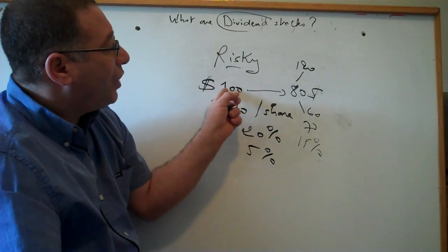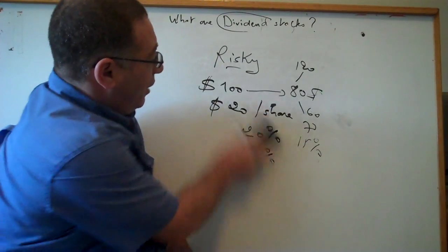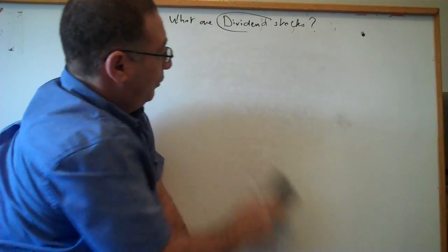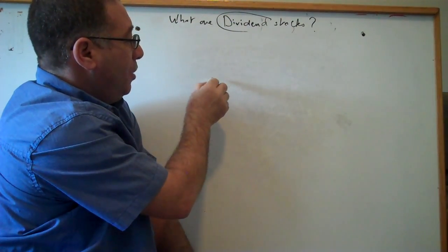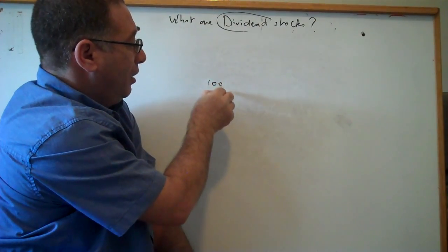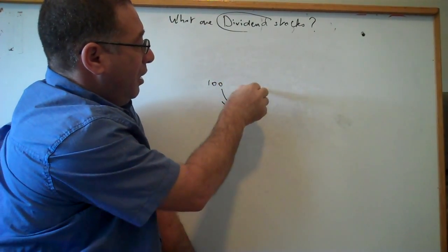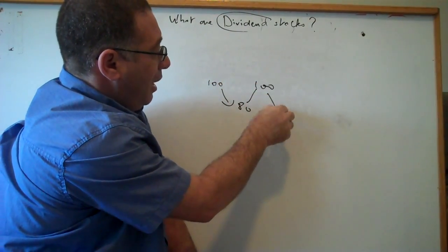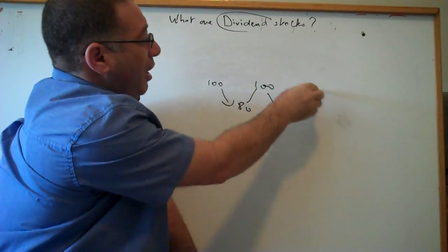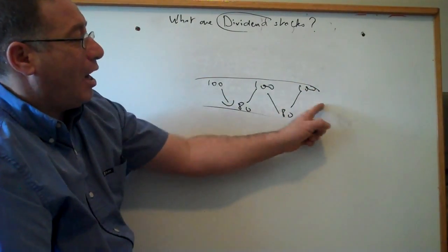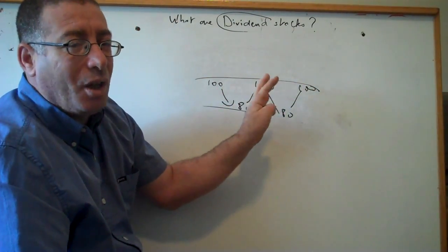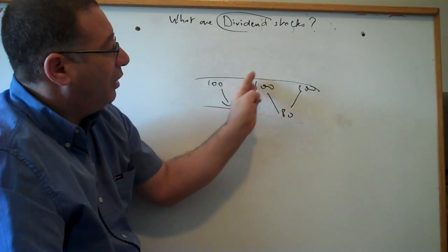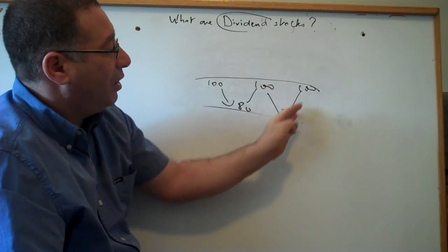If the stock stays in a range, for example, you see that it always goes from 100 to 80, to 100, 80, 100. So if it stays in the range, you can stay with the stock because it works in a range.